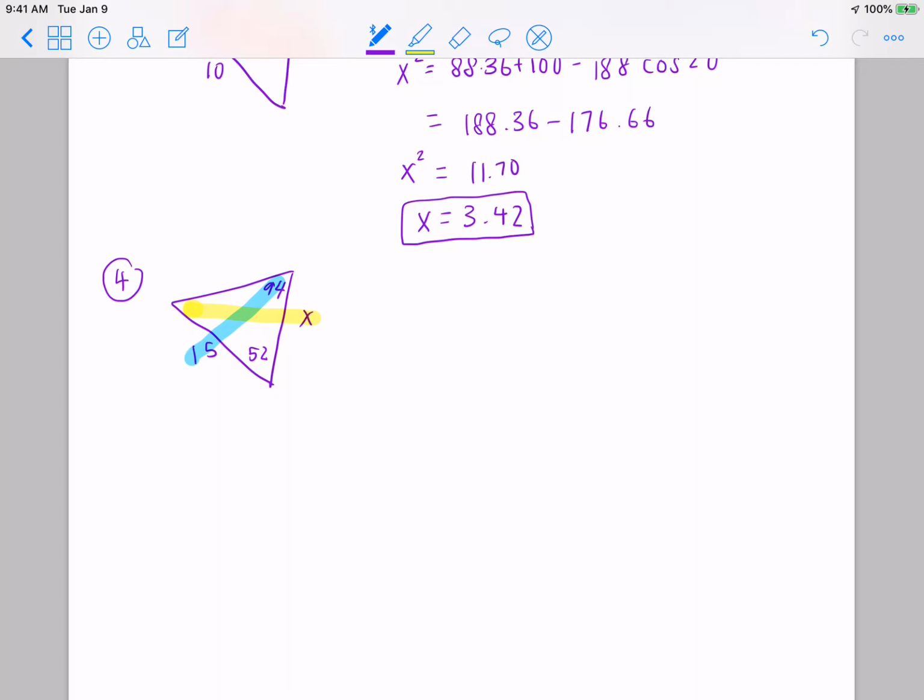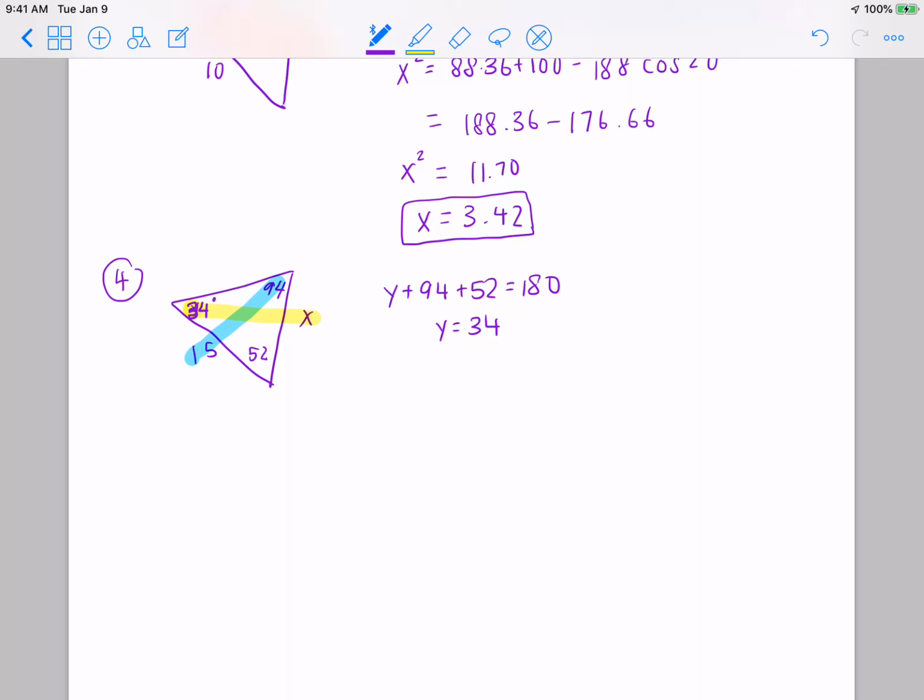Since this is a triangle, we can find y: y plus 94 plus 52 equals 180. Move all your numbers to the right side. We have y equals 34. So if I claim this to be 34 degrees, we already have a pair.